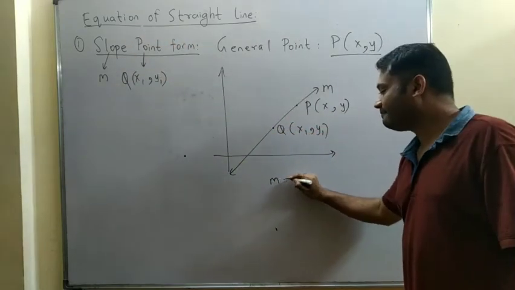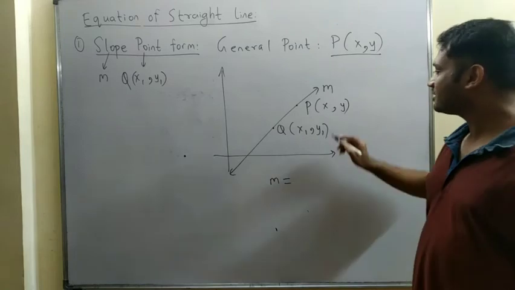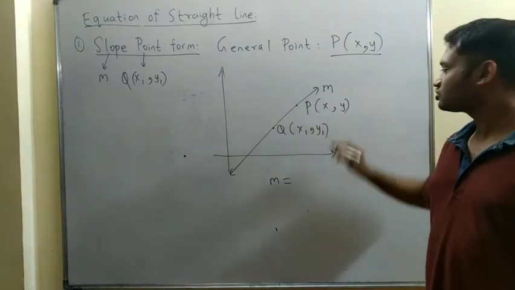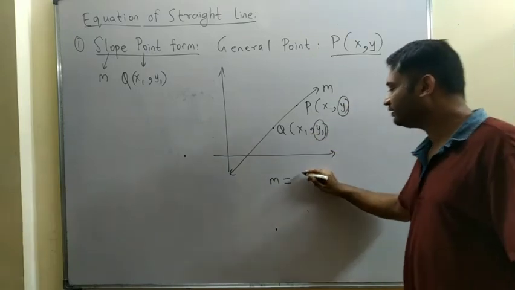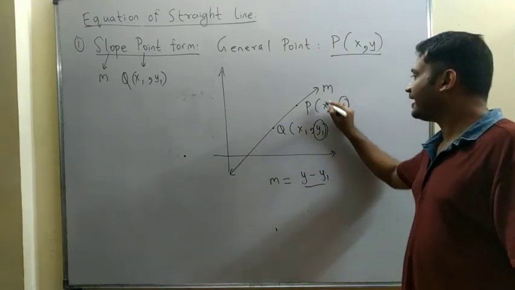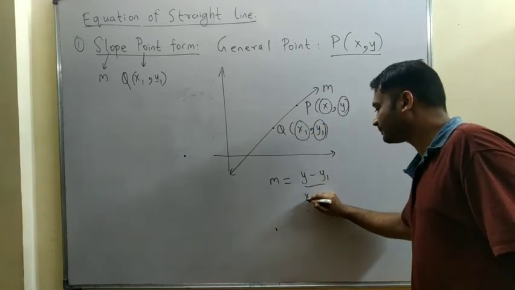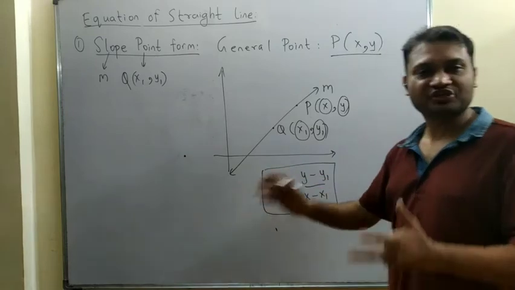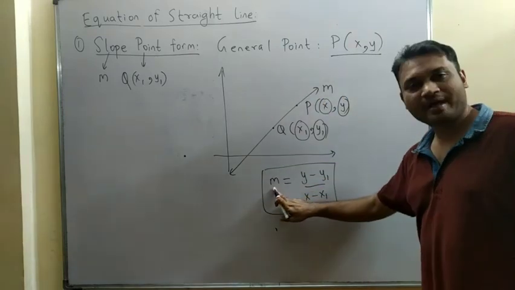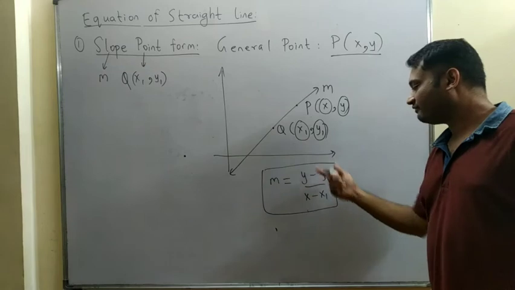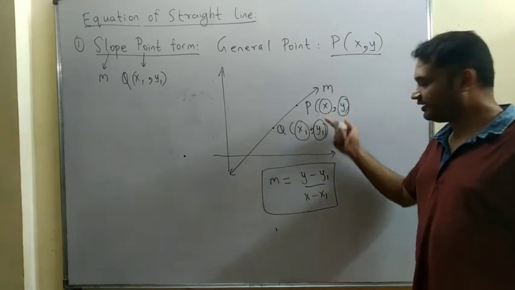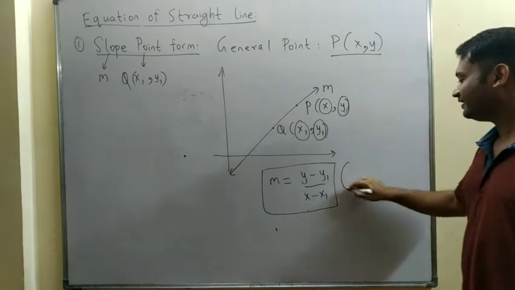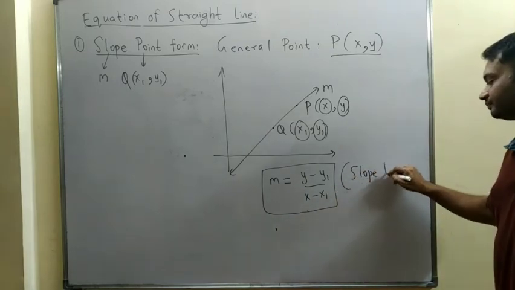So slope m, we know, is given as y minus y1 upon x minus x1. So that's it. This is the equation of straight line having slope m, fixed point x1, y1, and general point x, y. This is the equation of straight line in slope point form.